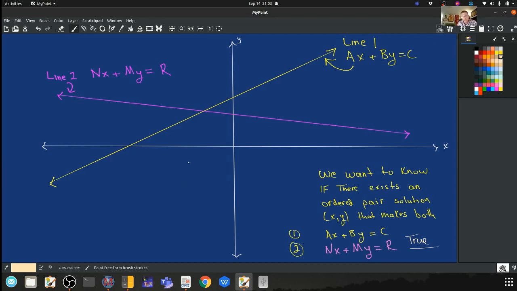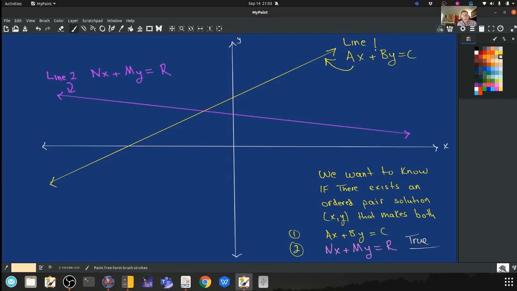So let's just start. What I've done is I've drawn a Cartesian plane. Here's my y-axis, and here's my x-axis. And then I've drawn a line in yellow, and we just know it's a line. From what we learned before, we know it has the equation in the form ax plus by equals c, where not both a and b are equal to 0.